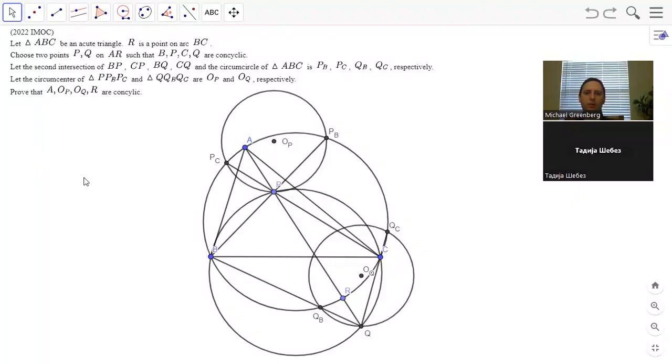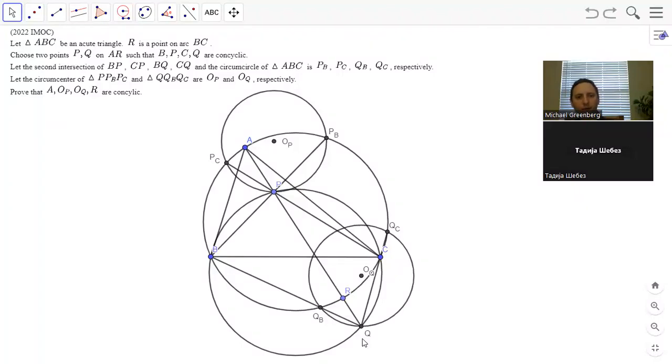Well, yeah. I'm sorry, go ahead. Can we angle chase that PCBP, that angle? PCPB. No, PCBP is equal to QBCQ. It looks like something which can be angle chased, and that would prove that QBQC is PCPB. You just need to show that some angles are equal to have equal segments on a circle.